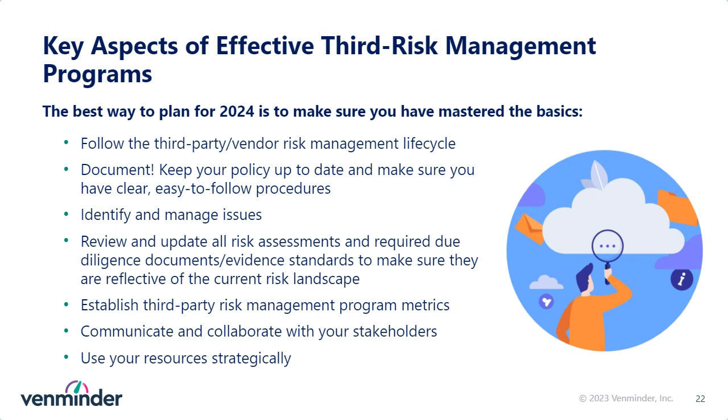Continue to look at your reporting and your metrics and your communication efforts and make sure that everyone understands what you're trying to accomplish and your internal stakeholders understand where you are in that effort in terms of progress and in terms of overall risks that you're experiencing.